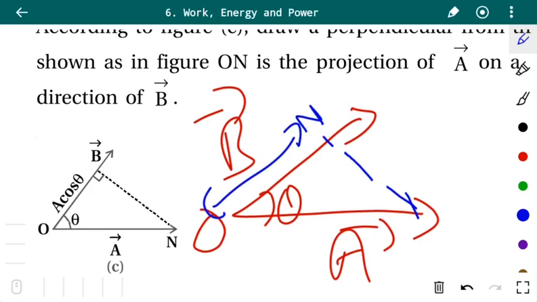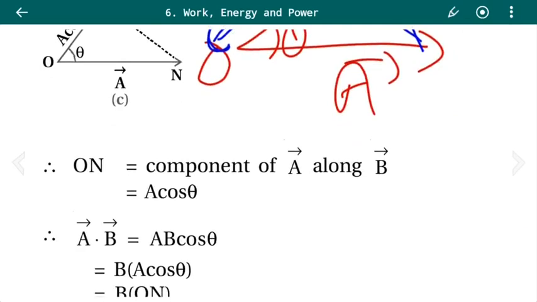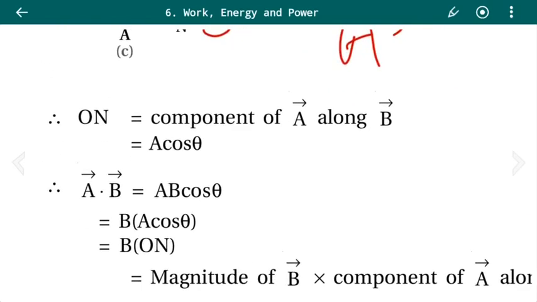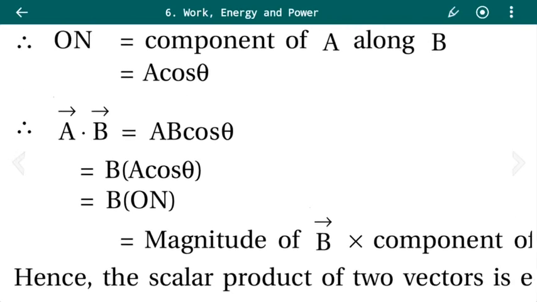So this will be ON. Because we are taking the projection of A on B, ON will be the component of A along B. So we can write it as A cos theta, and its direction is along B. So ON equals the component of A along B. It can also be written as A cos theta. Now vector A dot vector B equals AB cos theta.